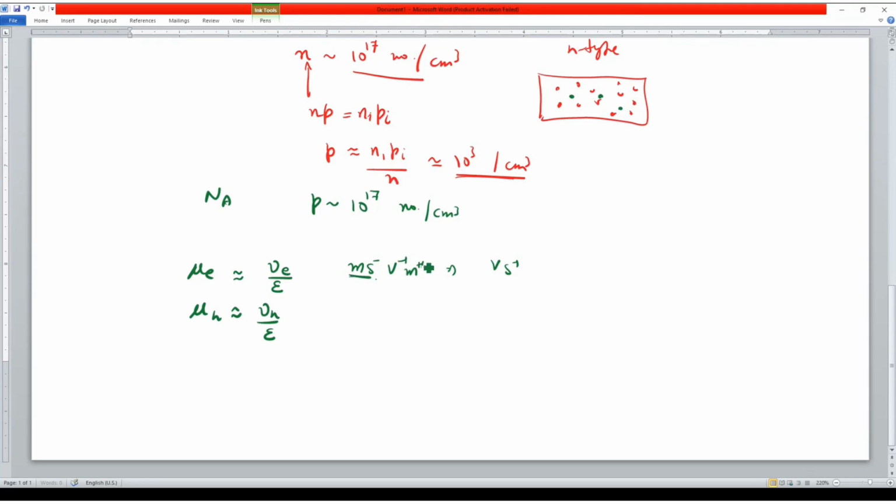It must be electric field का तो ये है ना, वोल्ट पर मीटर है. तो volt per meter will be volt inverse and meter plus. So meter plus will be meter squared, and volt inverse means this will be something like m² s⁻¹ V⁻¹. So this value is roughly around 100 or maximum to maximum 400, से ज्यादा नहीं.